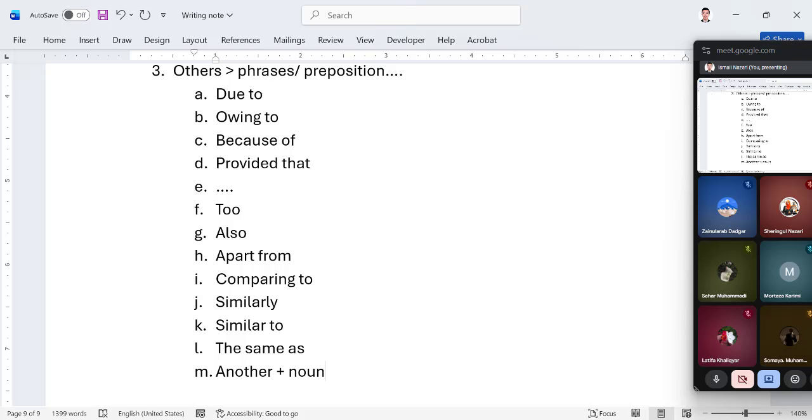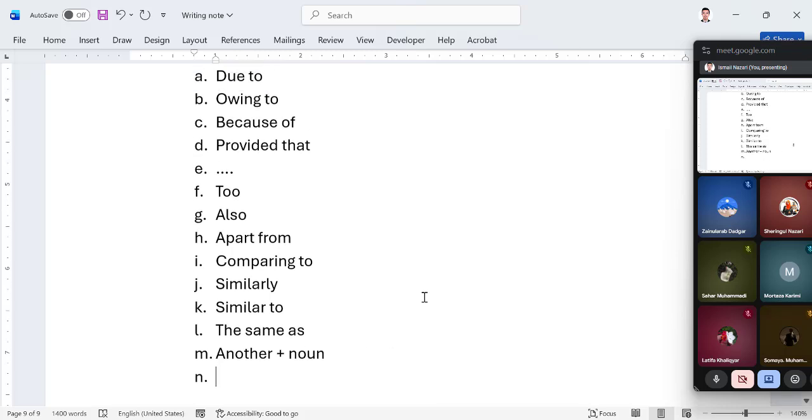So there are other phrases we can build by our own, so they can work as connectors in building the relationship between ideas.